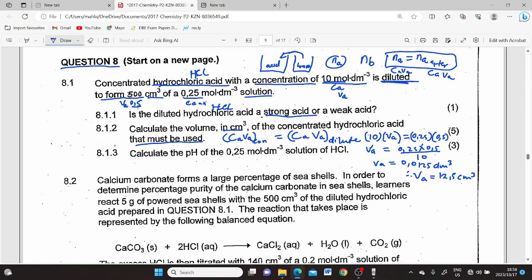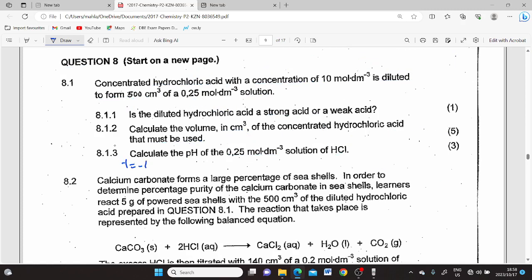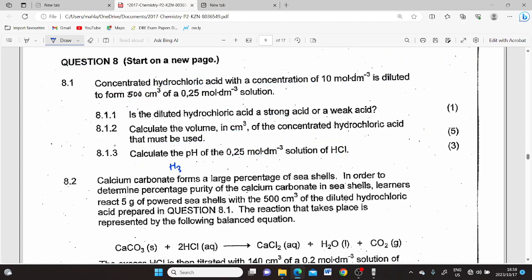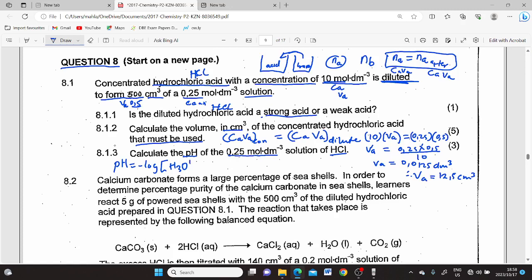Next, calculate the pH of the 0.25 moles per decimeter cube of HCl. Now the pH formula says pH equals minus the log of the concentration of the hydronium ions.